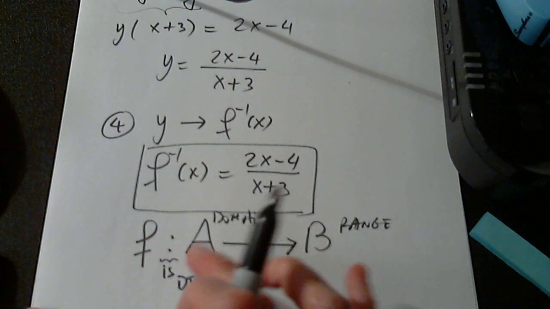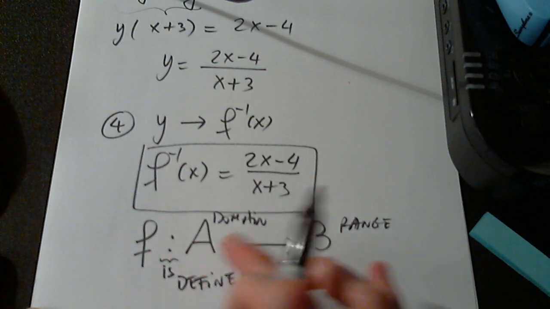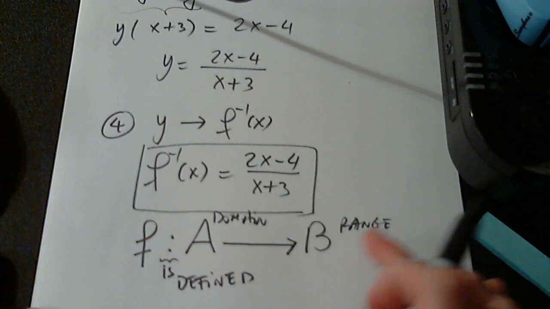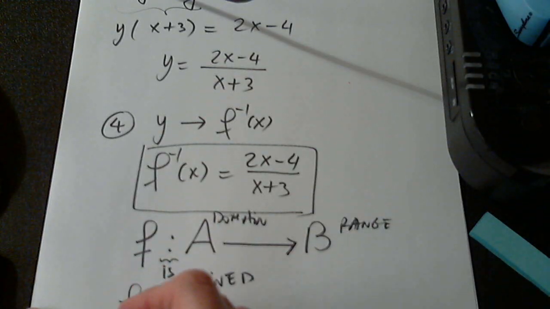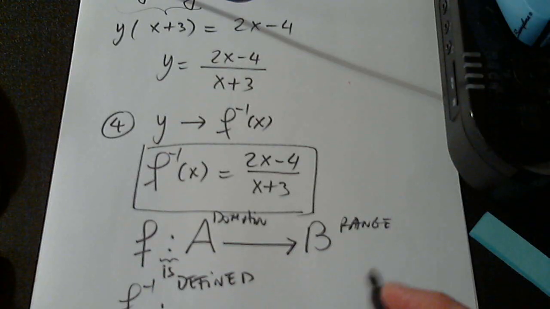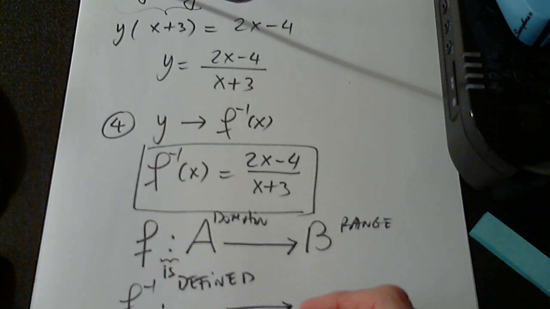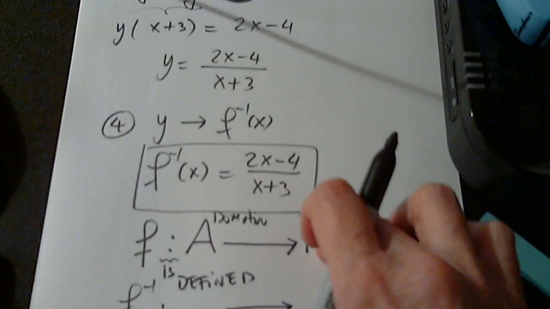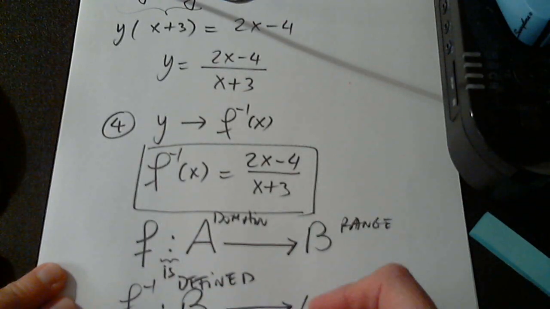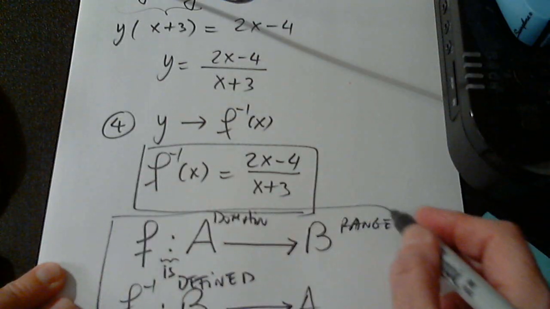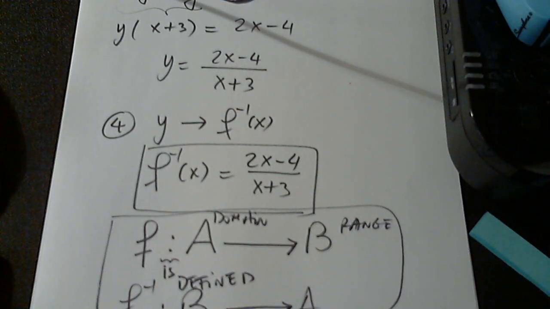If I have a function defined on domain A, having range B, can anyone tell us what is the domain of f inverse? And what is the range of f inverse? Anyone remembers this? The domain is the range of the original function. Brilliant, of course, that's why they're inverses of each other. Excellent.